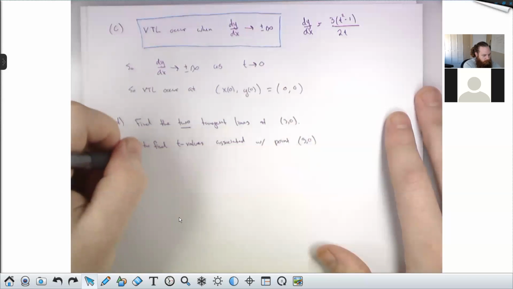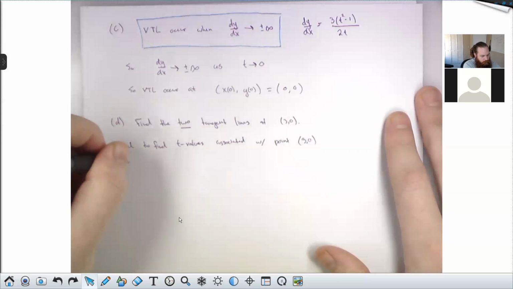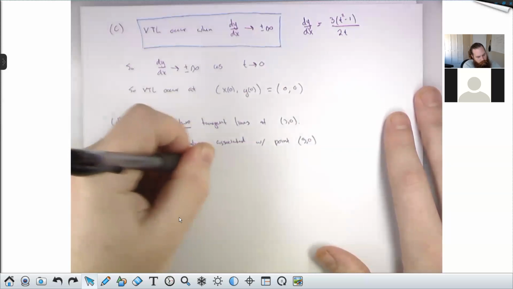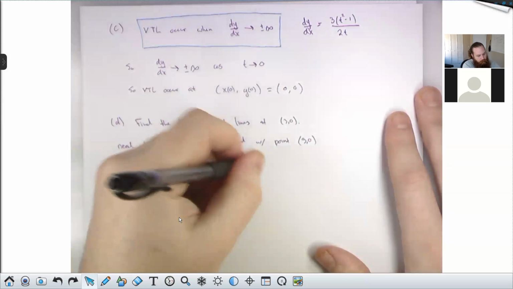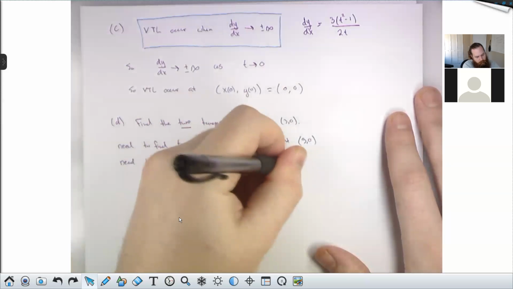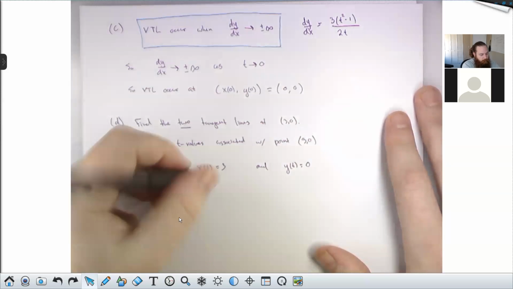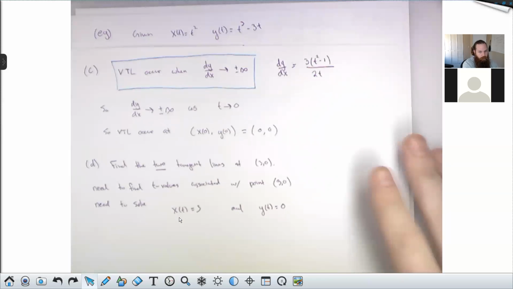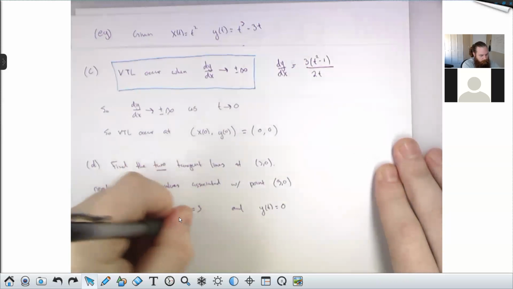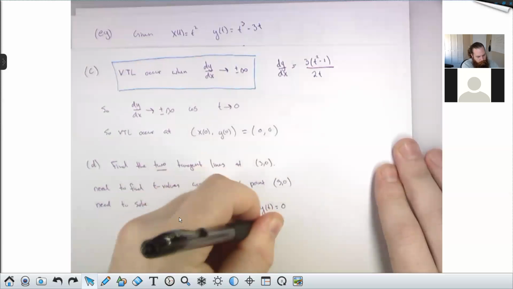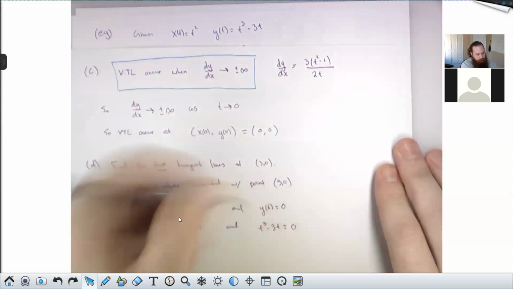So that means we need to solve x of t equals 3 and y of t equals 0. X of t, remember, my x function, is t squared, so this means I need to solve the equation t squared equals 3 and t cubed minus 3t equals 0.